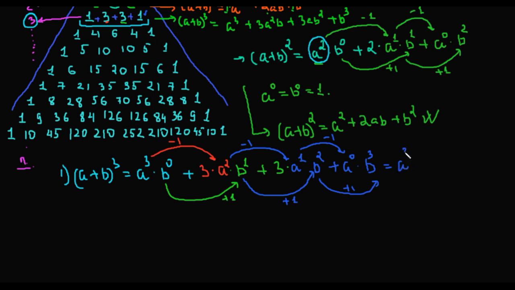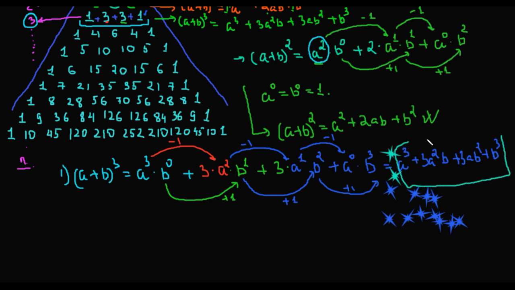So it is equal to a cubed plus 3a squared b plus 3ab squared plus b cubed. Voila, guys, we have our right solution, because if we check our answer, it matches with the original.